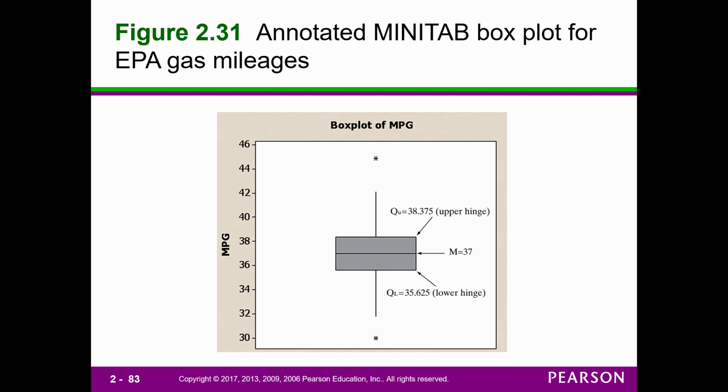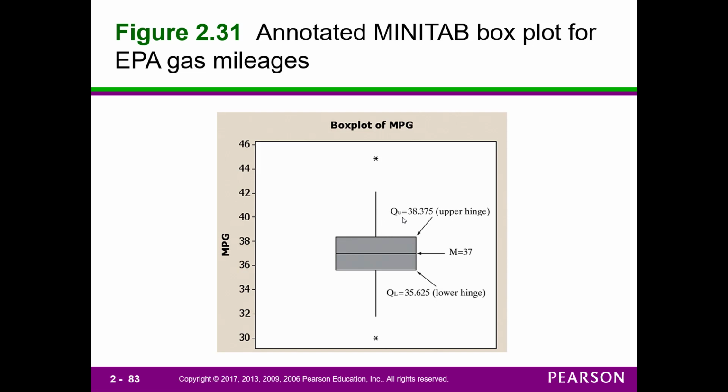Upper inner fence will equal upper hinge plus 1.5 interquartile range, which will equal 42.5. Also, this point is not drawn here.